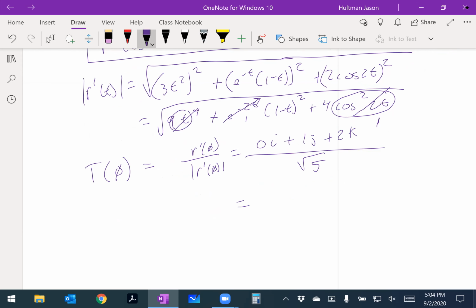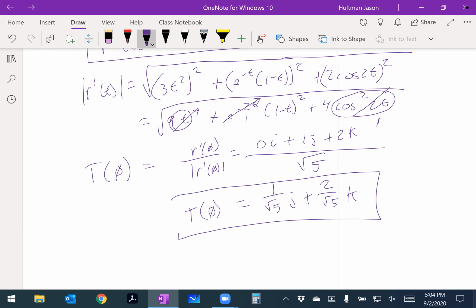So the unit tangent vector evaluated at 0 is equal to 1 over radical 5 j plus 2 over radical 5 k. That's the unit tangent vector evaluated at 0. Make sense?